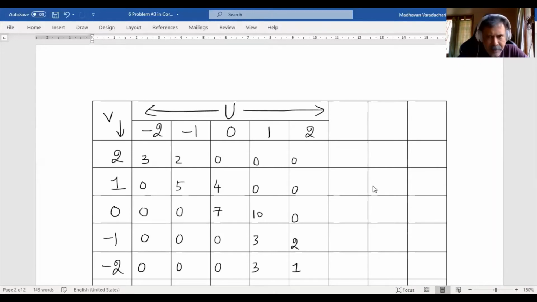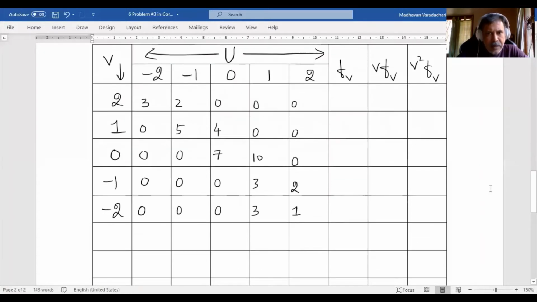Here let us calculate f suffix v. Here we will calculate v into fv. Here we will calculate v square into fv. Then same way here we'll calculate f suffix u.